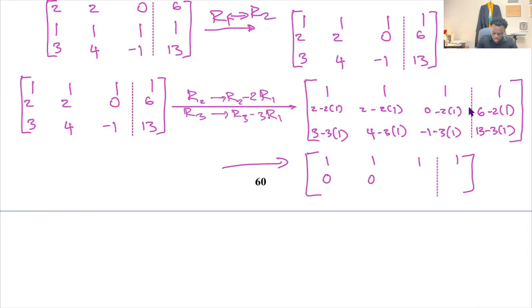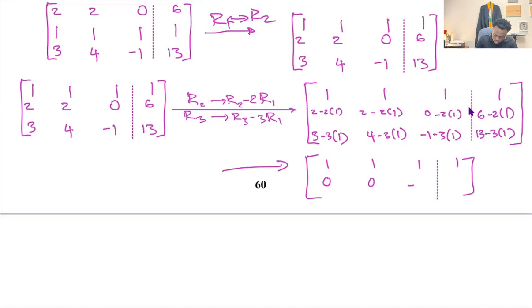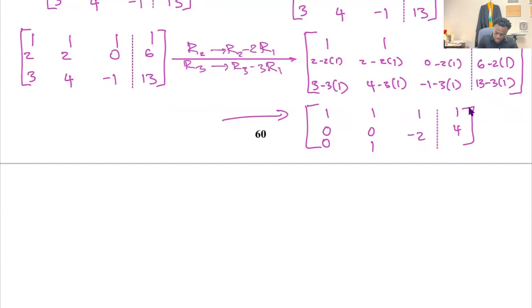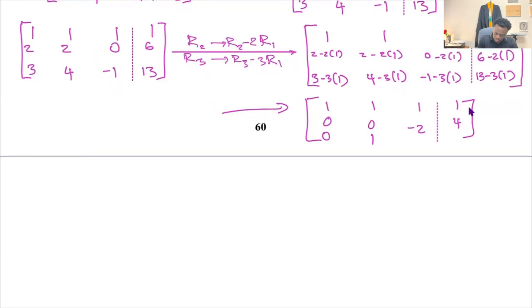Another 0. And then you also have that's negative 2, and that is 4. That is 0, which is cool. And that is 1. That is -4, and that is 10. That's pretty cool. That we can move on with that.